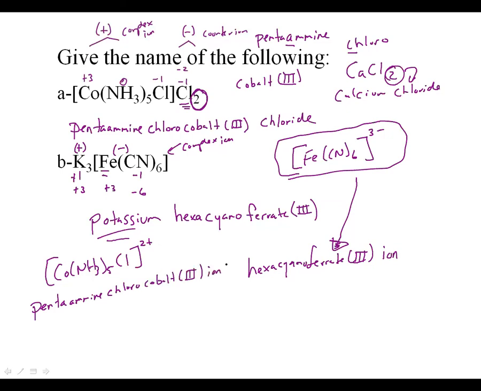So if you don't have a coordination compound with that counter ion present, you can name the ions the exact same way, and you just put ion at the end of it. Any question on that there?